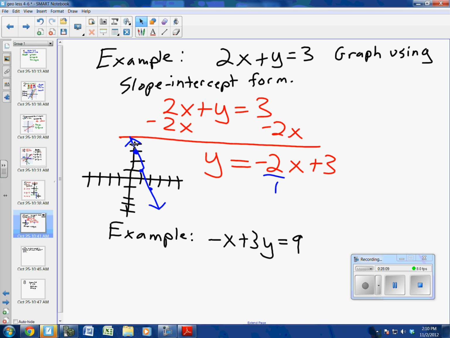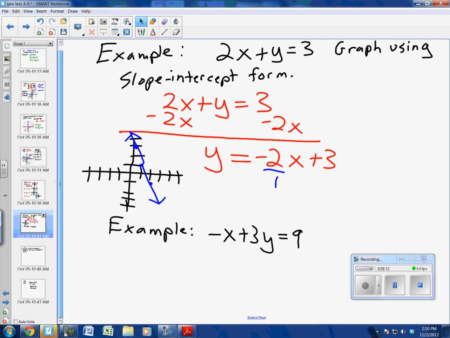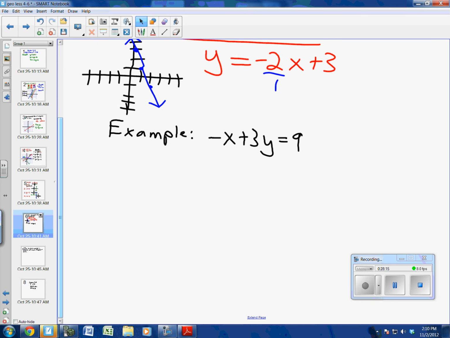What would I do to this next equation, negative x plus 3y equals 9, so that I can get it in slope-intercept form? What would I do first? Move the 9 over? If I move the 9 over, then I have all 3 terms on the left side.